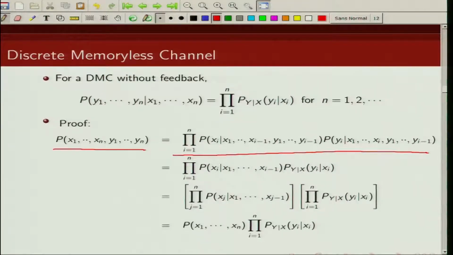So product of i going from 1 to n, probability of xi given x1, x2, up to xi minus 1, y1, y2, up to yi minus 1, times probability of yi given x1, x2, up to xi, y1, y2, up to yi minus 1. Now, because it is a memoryless channel, this term is equal to this.